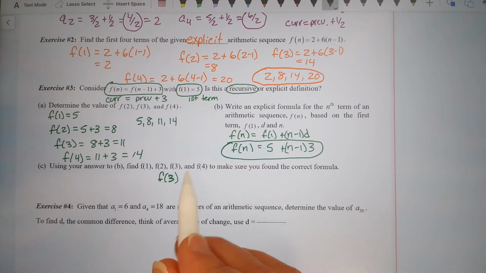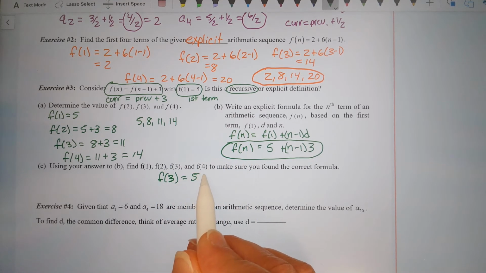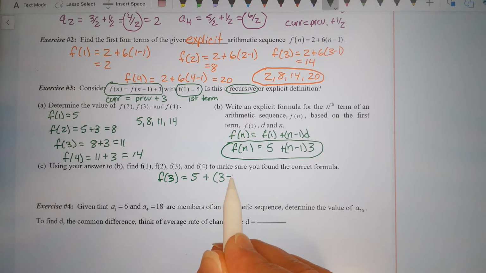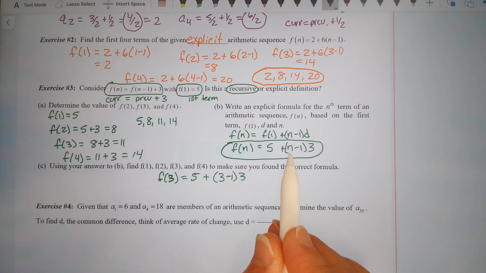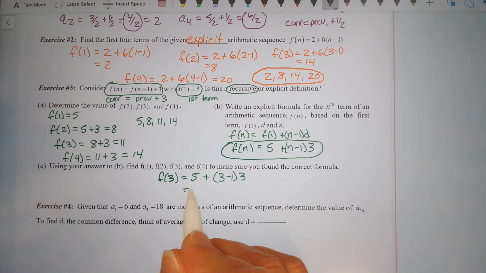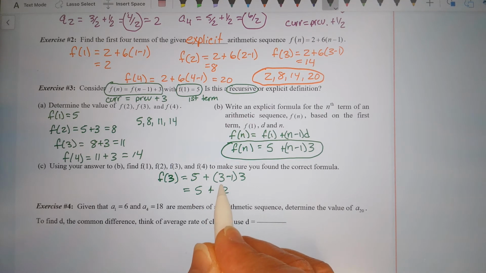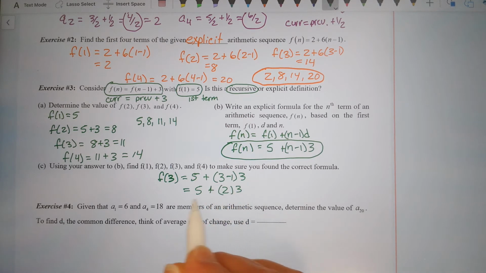So f of 3 is going to equal 5 plus 3 minus 1 times 3. Just substituting 3 in for these n's here. 3 minus 1 is 2. 2 times 3 is 6. 5 plus 6 is 11. So that checks.